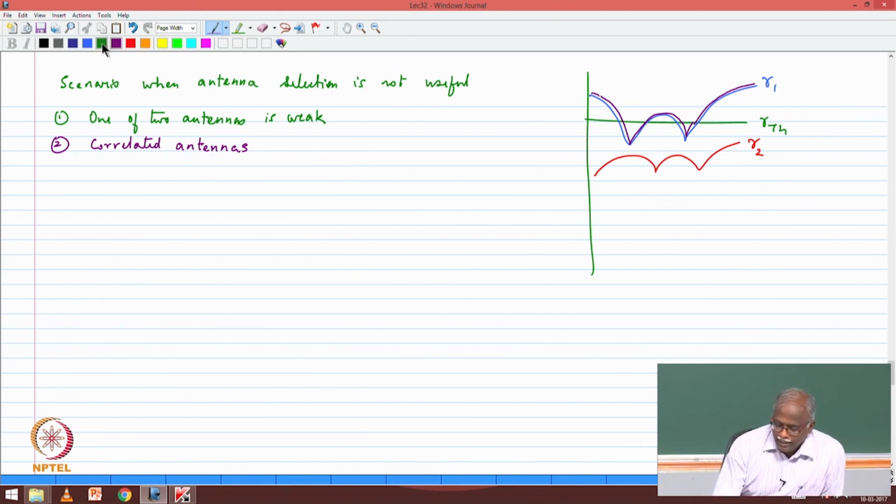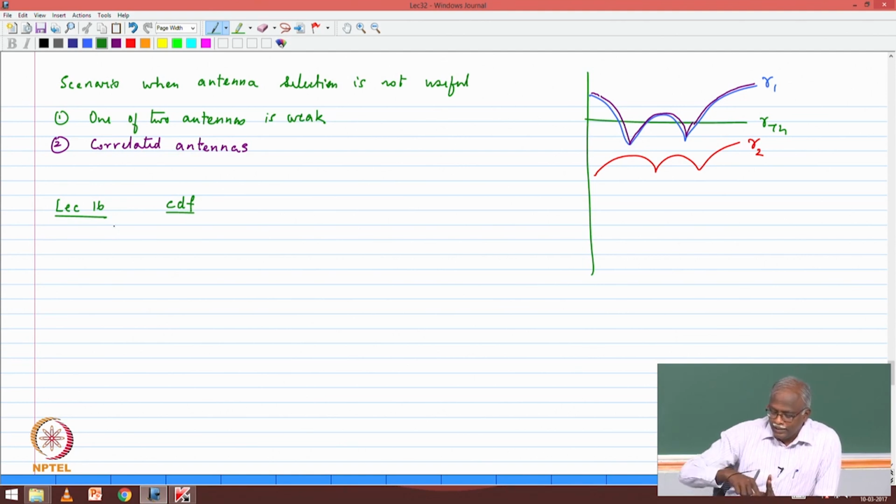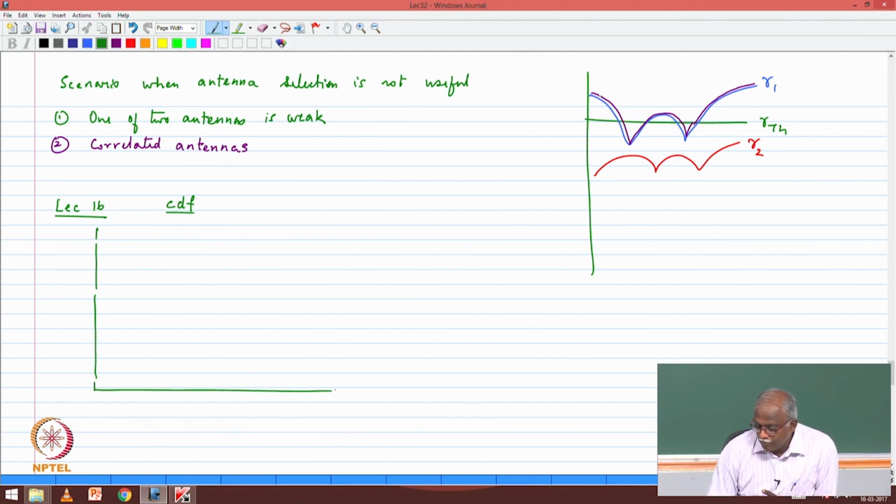Now, a little bit of homework for you. If you go back and look at our notes from lecture 16, we plotted a CDF to show the behavior of the envelope of a Rayleigh random variable. If you plotted it for the SNR, you would find that the plot looks very similar.